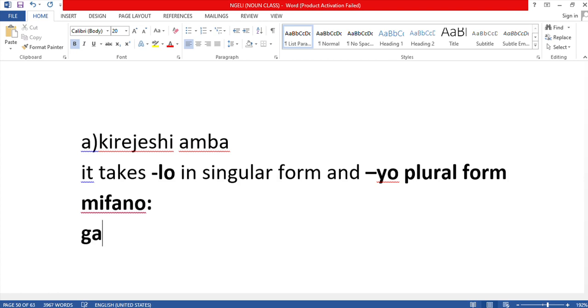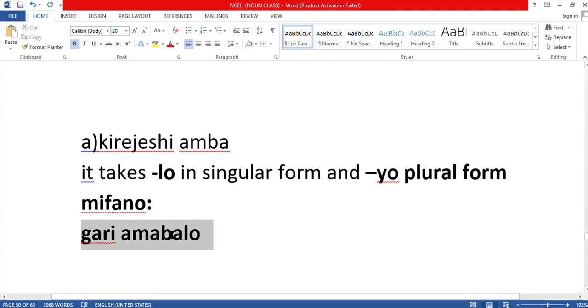Gari ambalo. It's the car which is. So amba, ambalo, it is the one who or the one which is. Here gari ambalo means the car which is. So this sentence alone is incomplete, so you need to complete it.